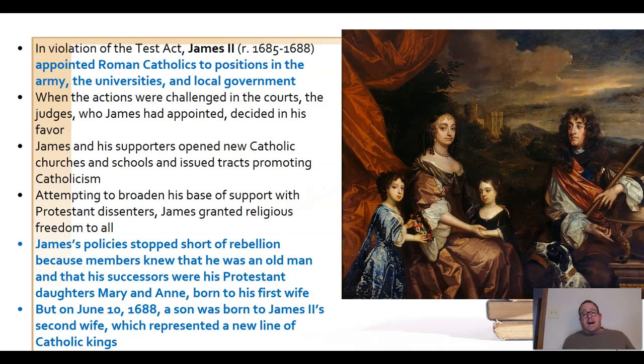Well, his first wife dies, and he marries again, and he has a young son, and this is what brings things to a head. So when his second wife gives birth to a son, which represents a new line of Catholic kings in England, Parliament decides to act.